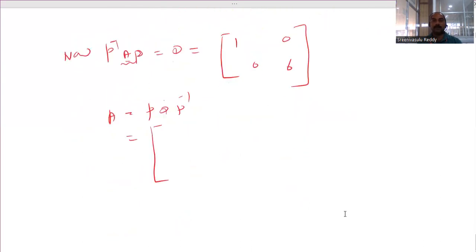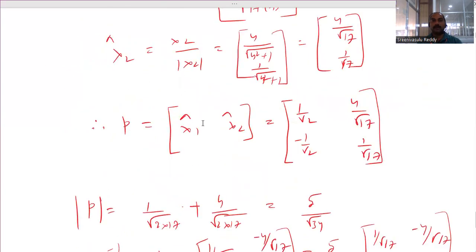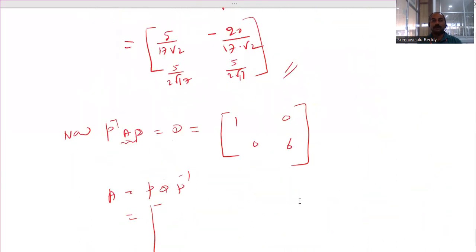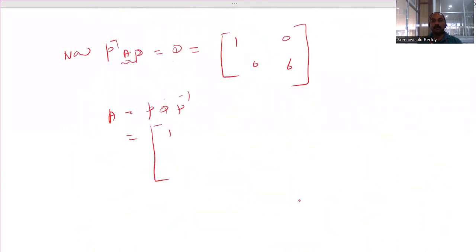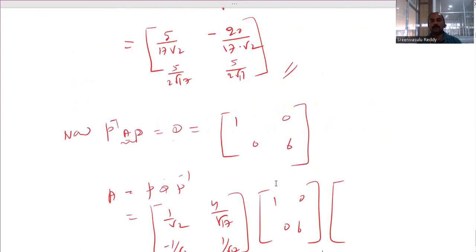Reduce to the canonical form of the given matrix. Whatever the P value is, you enter it. P is 1 by root 2, minus 1 by root 2, minus 1 by root 2, 4 by root 17, 1 by root 17, then the diagonal matrix 1, 6, and for P inverse, whatever you got, you enter the same values.